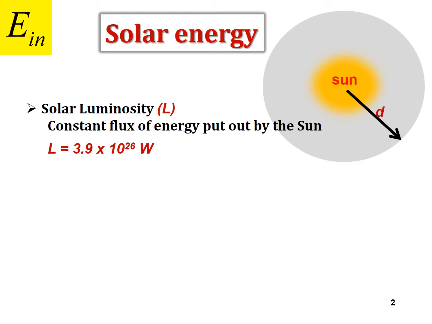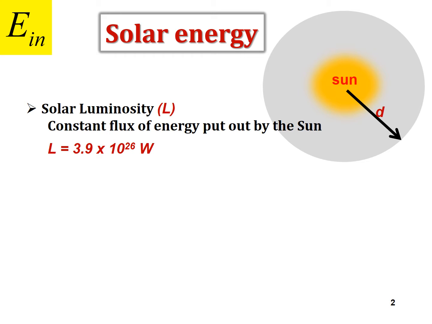That is a constant flux of energy put out by the sun every second. This number, 3.9 times 10 to the power 26 watts. That's joules per second.